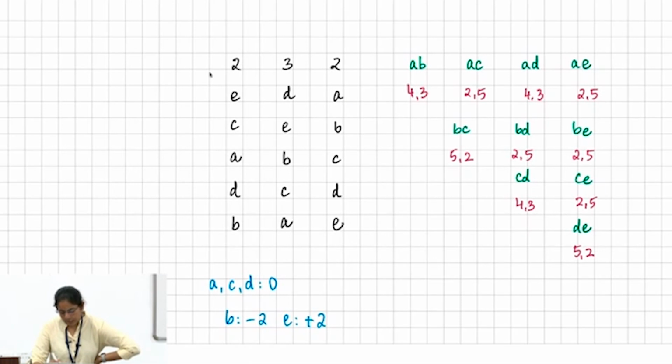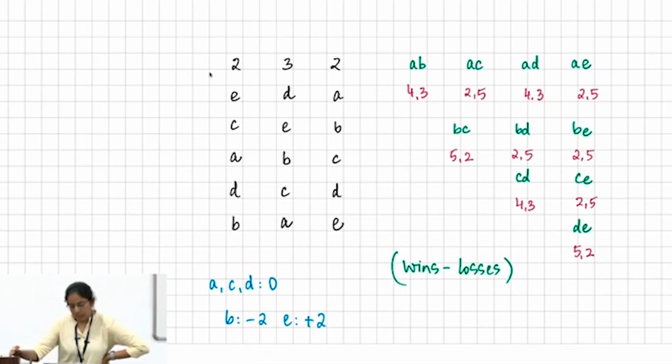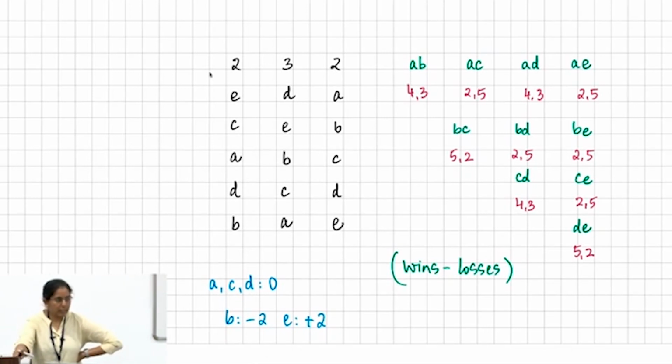So if you look at E, E is winning against A, against B and against C, and it's losing to D. So it has essentially a Copeland score of 3 minus 1. Remember that Copeland is wins minus losses, right? So E wins 3 of its pairwise elections and loses 1.